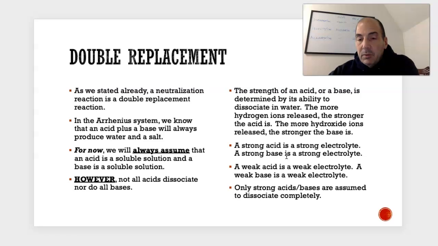A weak base is a weak electrolyte. Nothing surprising there. But remember, only strong acids and bases are assumed to dissociate completely. So if it's a weak acid or weak base, for now, we're going to assume that it doesn't dissociate. Yes, it really does dissociate a little bit, and that's something for when we get into equilibrium.